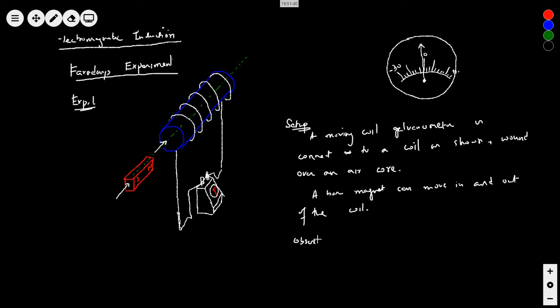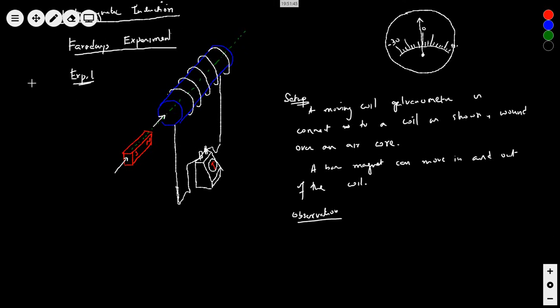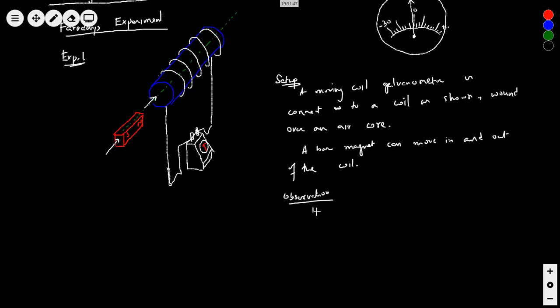Observations. What are the observations? Number 1, as the magnet moves towards the coil, the galvanometer shows deflection.